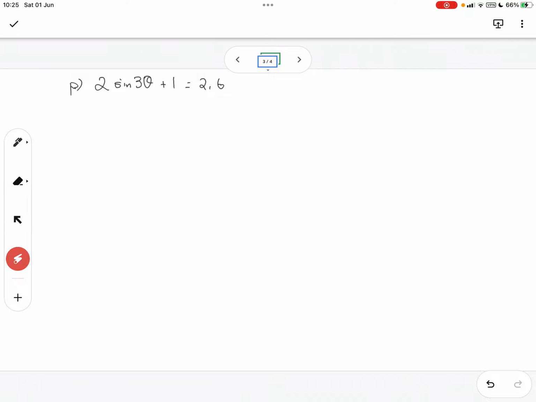So yeah, additive inverses. Remember, our main focus is on the theta. So we need to manipulate our equation so that on the left-hand side, we're only left with theta. And the manipulation is our simple tricks. It's our additive inverses. It's what we do on the left, we do on the right. It's our multiplicative inverses.